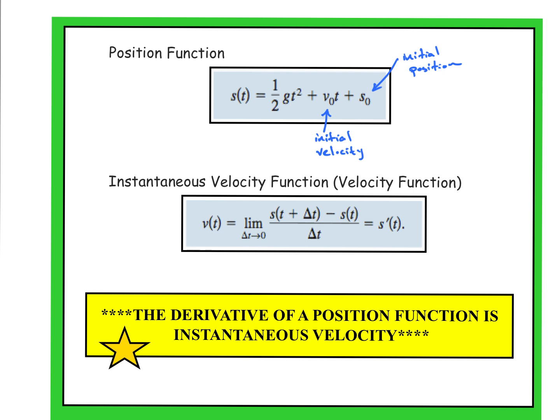This is how we get our position function in our motion. This is the big kicker. Instantaneous velocity is the derivative of position. Instantaneous velocity is the derivative of position.